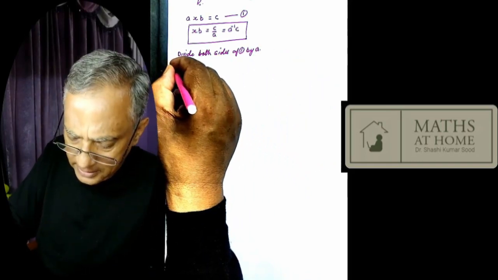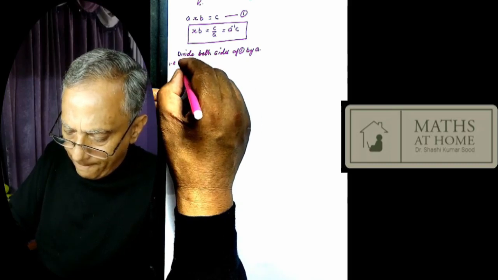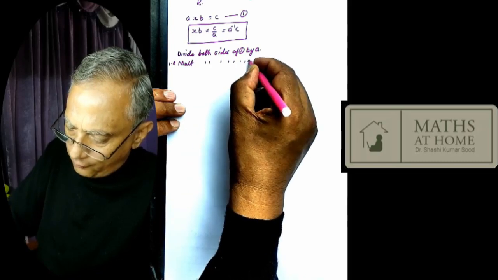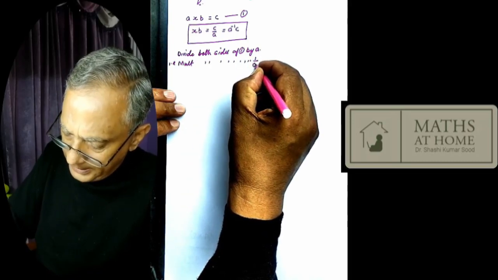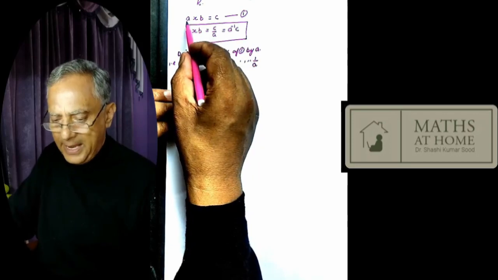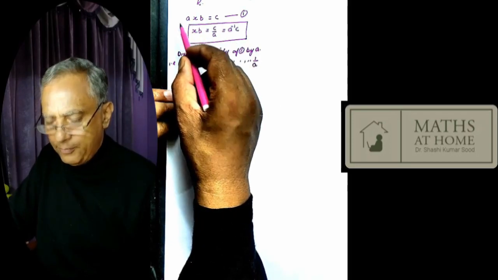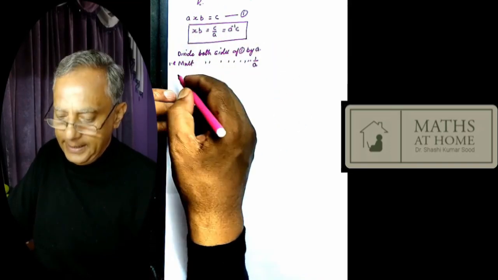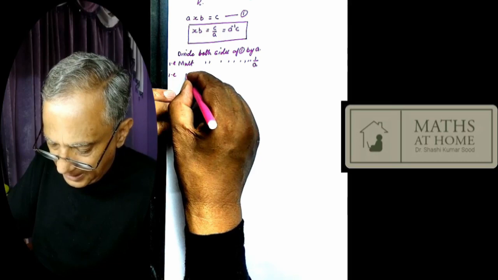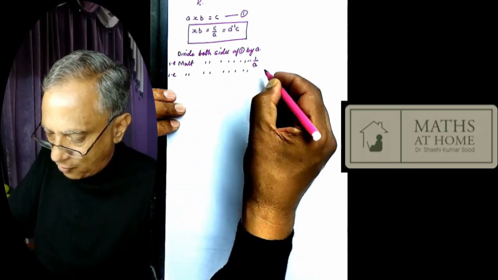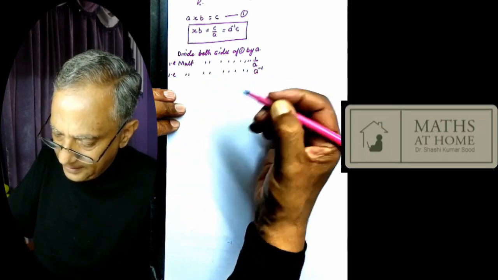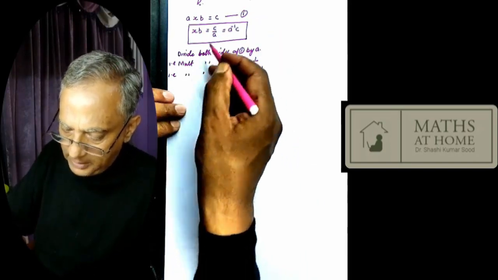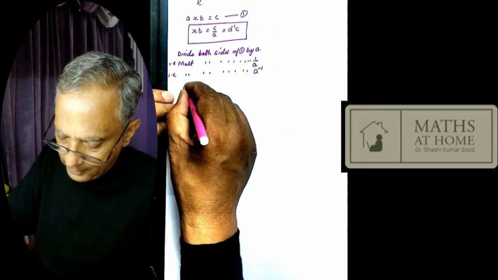And this is equivalent to multiplying both sides of 1 by 1 by A. Divide by A means the same as multiply both sides by 1 by A. And this is the same as multiplying both sides of 1 by A inverse. So what we do is multiply both sides of 1 by A inverse.